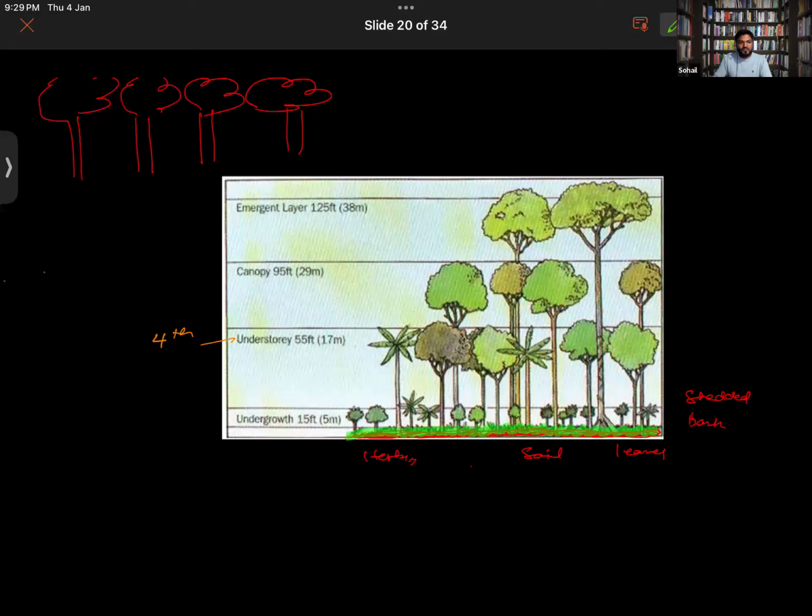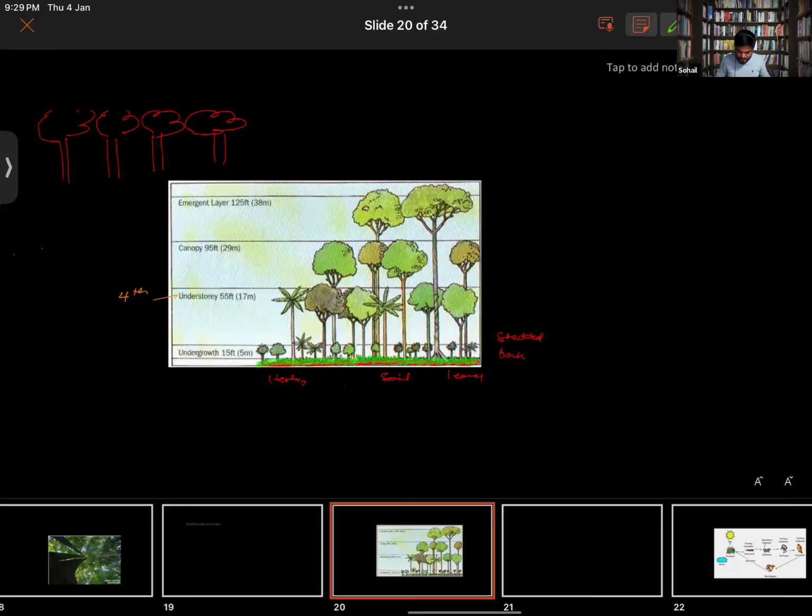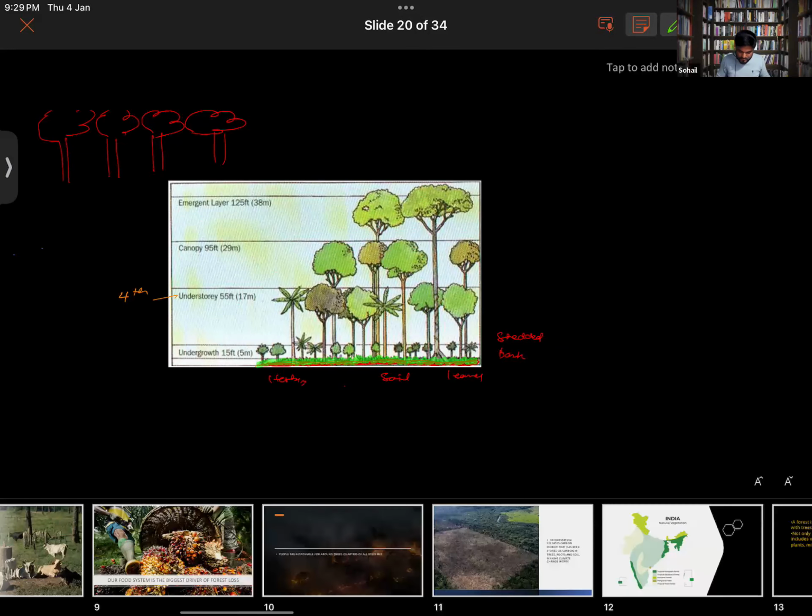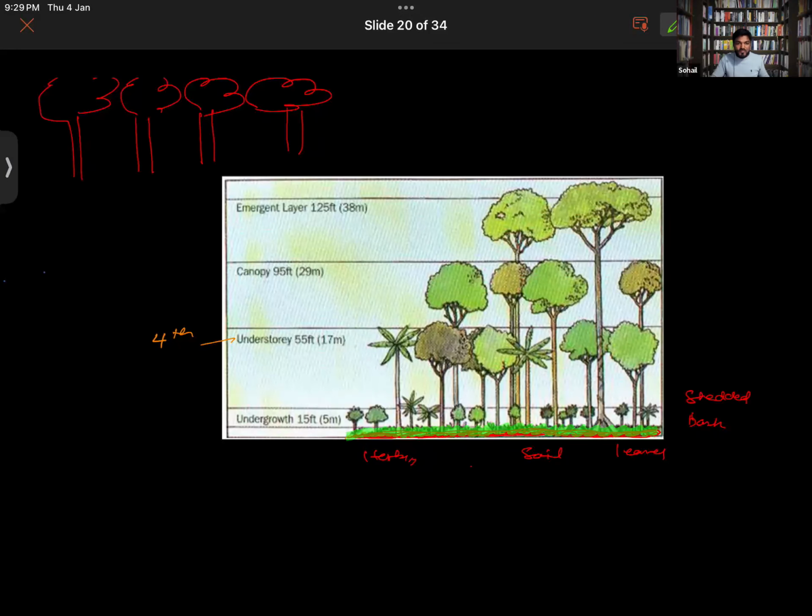Not 80%. Anyone remember this point over here? It is between 30 and 31%. 31% of the land surface of the Earth is covered by forest.